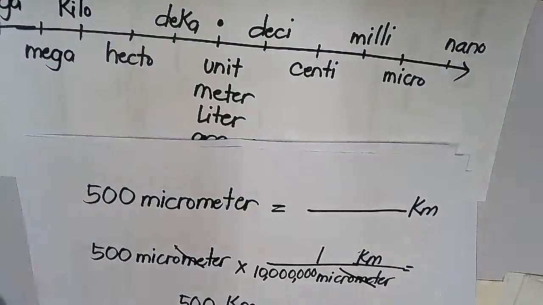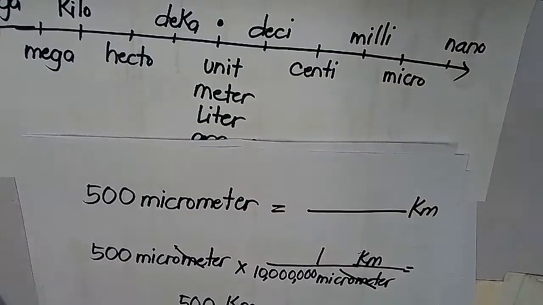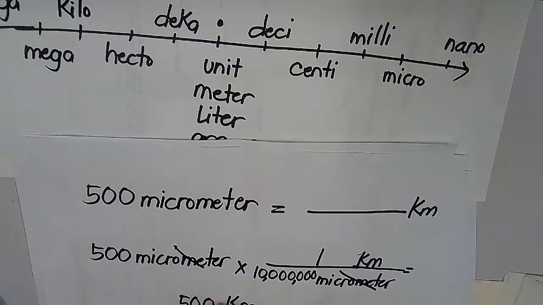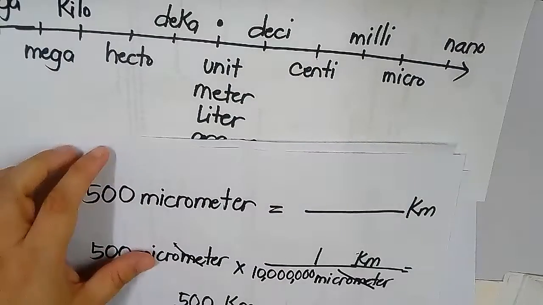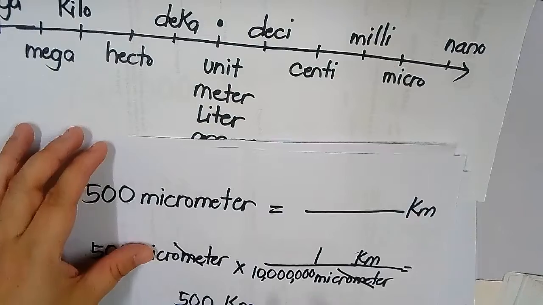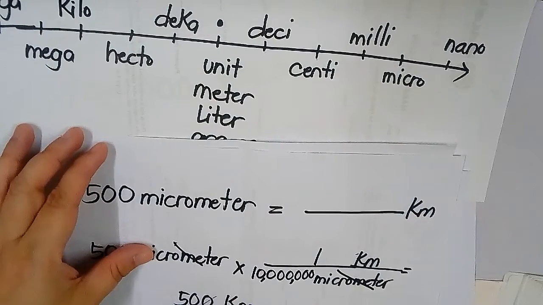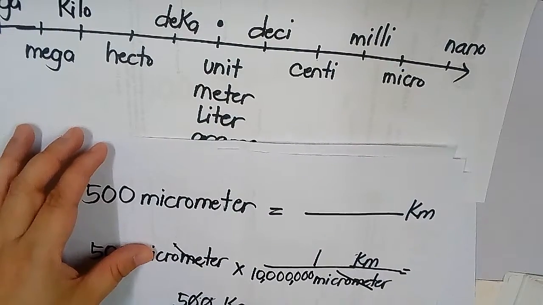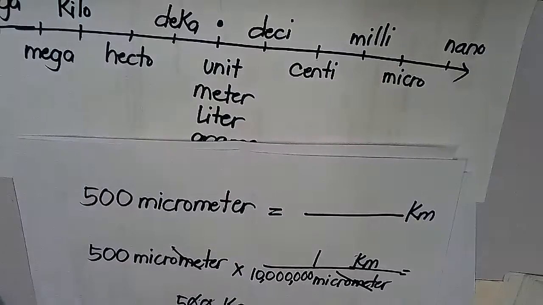Okay? So mag-move lang tayo. Okay, so 500 kilometers times, I divided by 10 million is equal to, so cancel lang natin itong dalawa. So ito rin, cancel din natin.